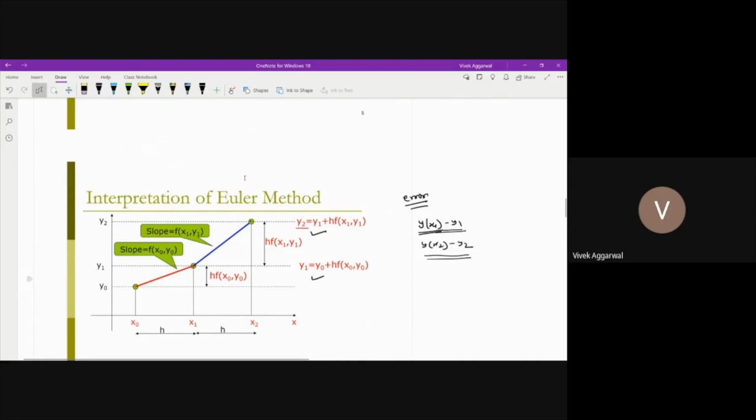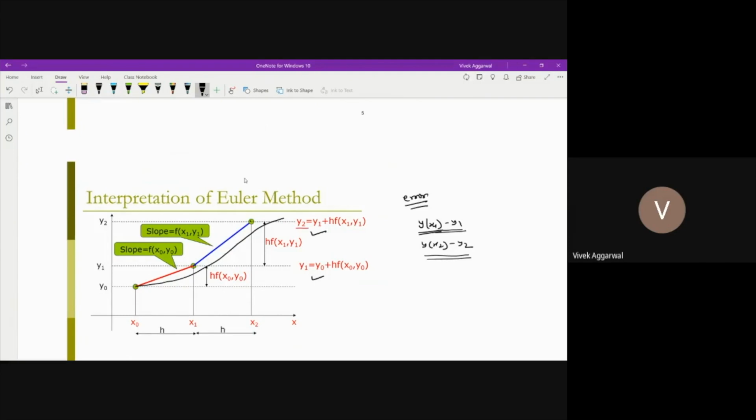So this is the interpretation of the numerical method, and you can see from here that it just gives you the solution here, and then here, and then here. So it is giving you a solution of linear type. Suppose your exact solution is something like this one.